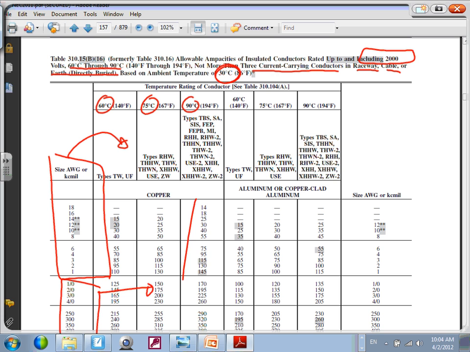The 90. The only time you can use a 90-degree column is for the rating. Any questions, guys, about these rules? We had another rule that says if the amps are equal to or less than 100, you use it here. If the amps are more than 100, you use it here. So if your equipment is 100 or less, you use 60, more than 100, 75.